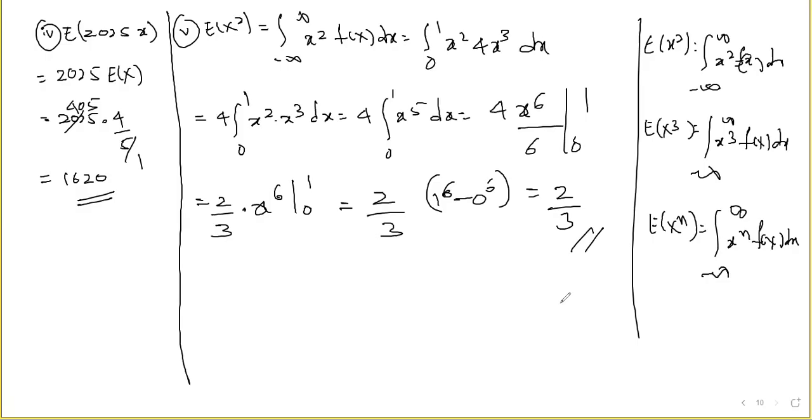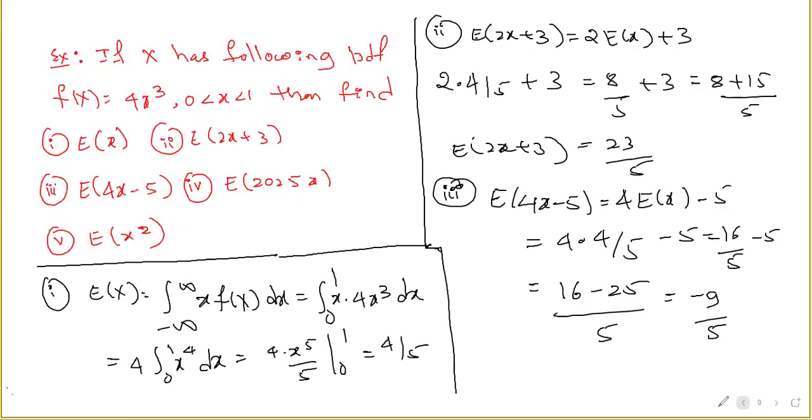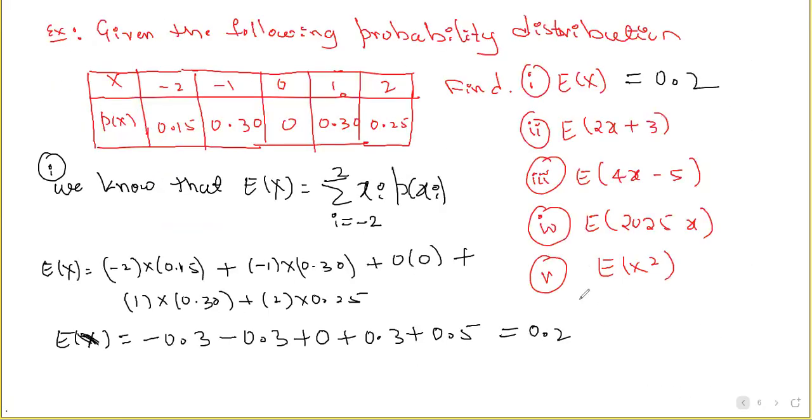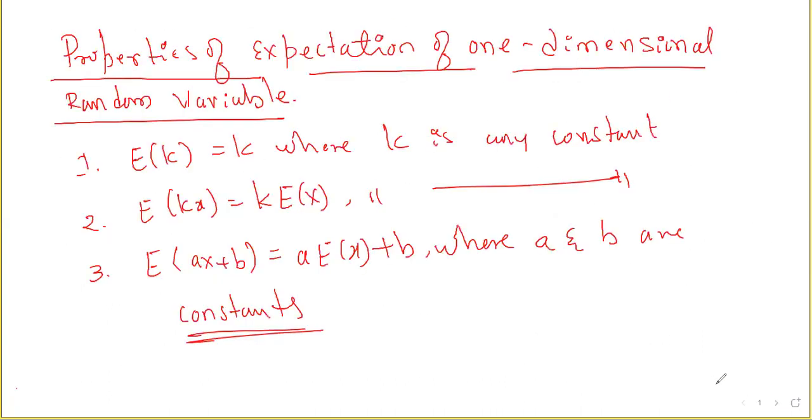Yes, sir. Okay. So why did we discuss finding the expected value of x square? In our next class we are going to discuss the variance concept, right? I told you expected value of x is equivalent to the mean, or the average.